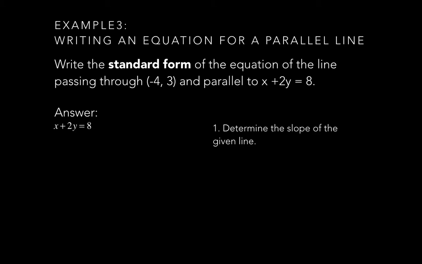We'll need to find the slope of x plus 2y equals 8. So you'd subtract x from each side, and then divide everything by 2. And now it becomes evident that your slope is negative 1/2.